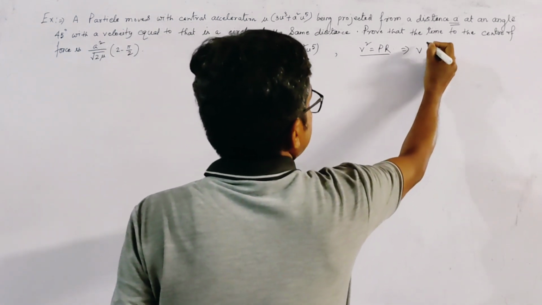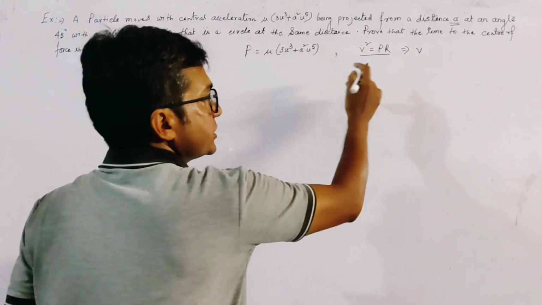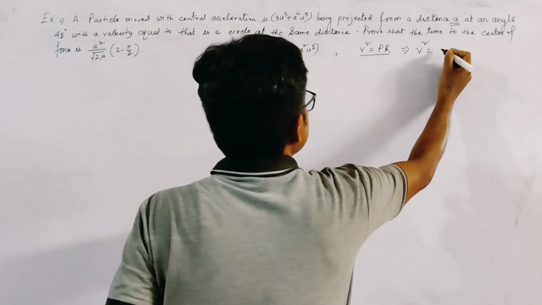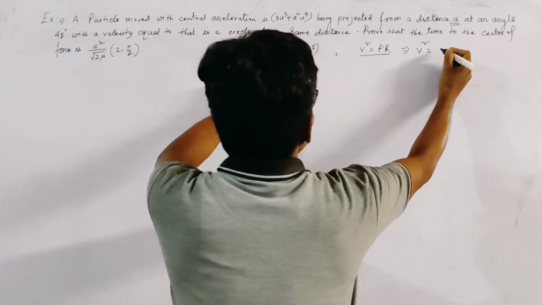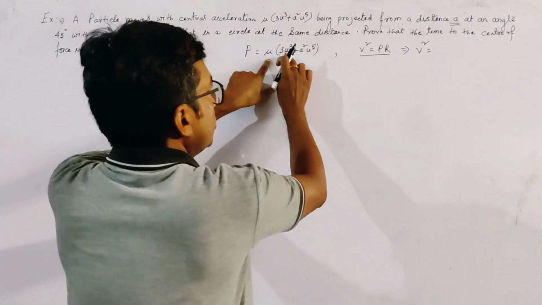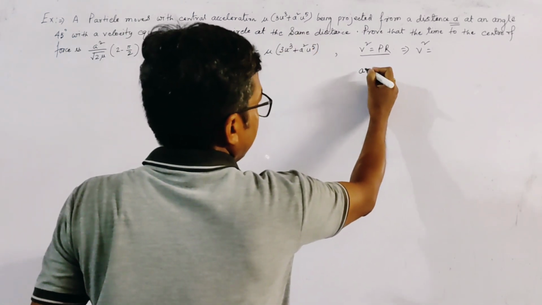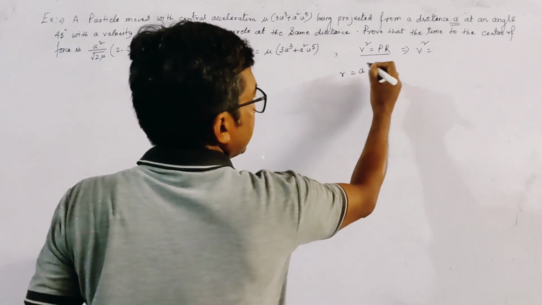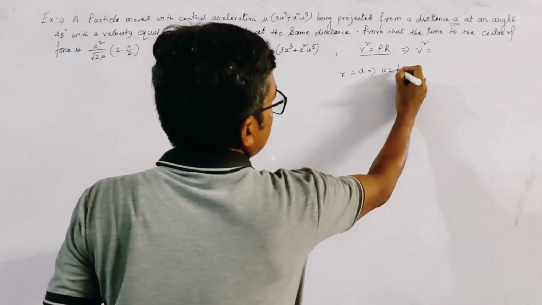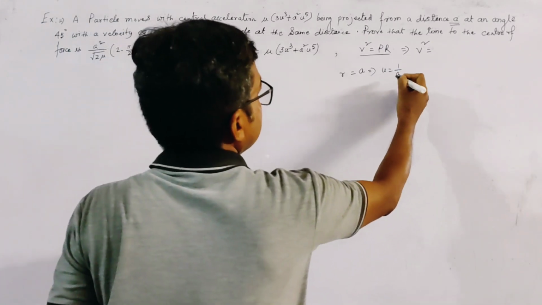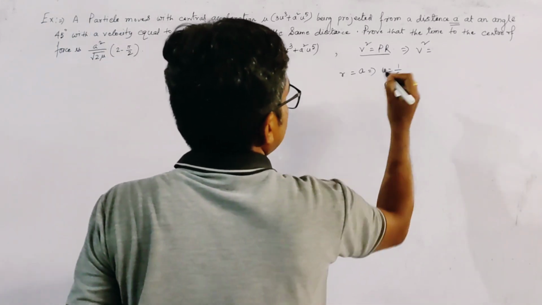So the velocity in a circle, or initial velocity of projection, is given by v square equal to P. We put u equal to 1 by a, because r equal to a implies u equal to 1 by a, and also r equal to a.